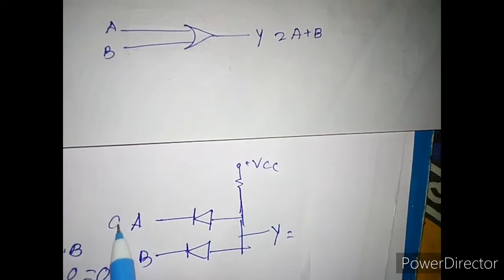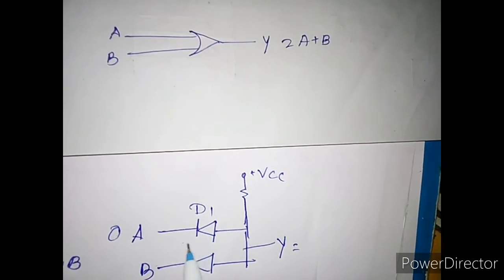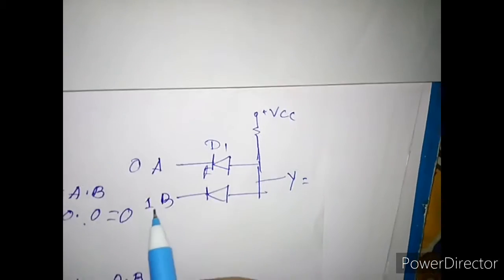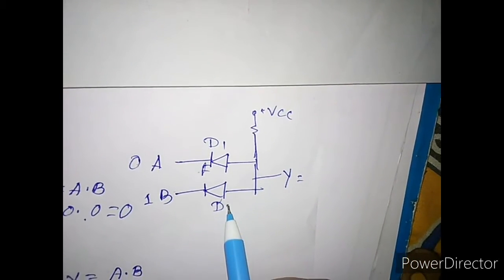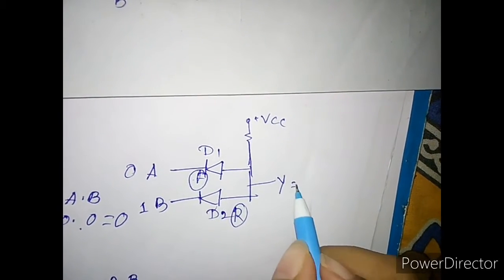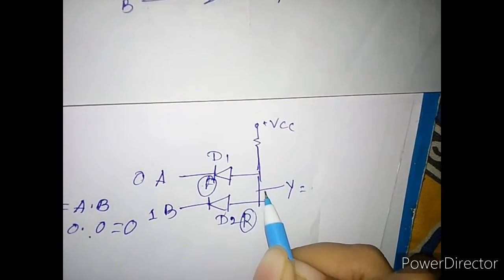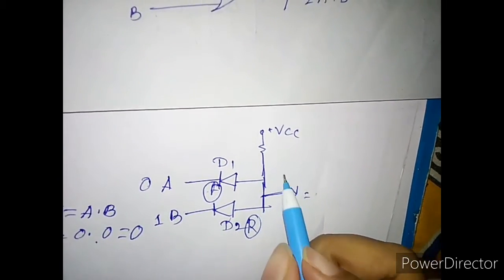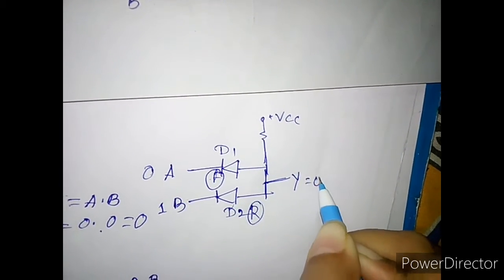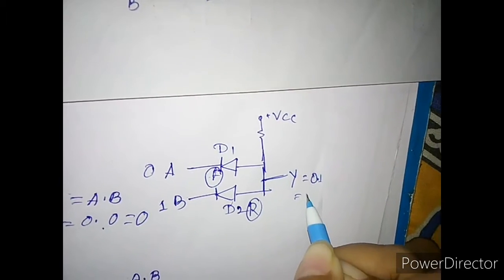When A is equal to 0, the diode D1 is forward biased, and B is equal to 1, the diode D2 is reverse biased, and D1 is forward biased. Then Y is equal to 0.